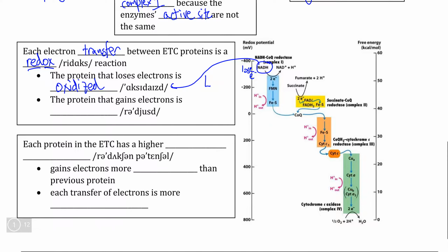So, loss of electrons is equal to oxidation, while complex 1 is the half of this reaction that gains electrons, and therefore we say that it has been reduced. And the easiest way to remember what reduced means is that if complex 1 is neutral, if it has a charge of 0, if it gains 2 electrons, now it has a negative charge, so the overall charge has gotten more negative and therefore reduced.